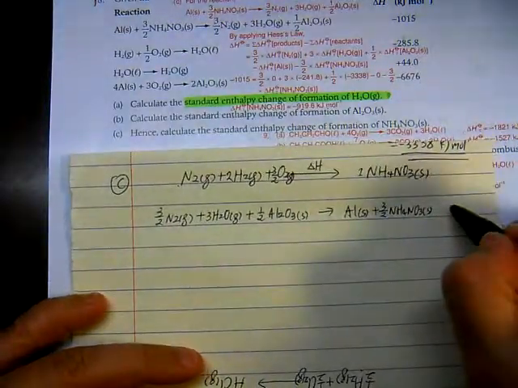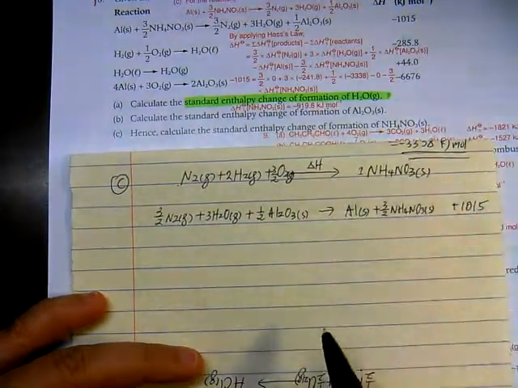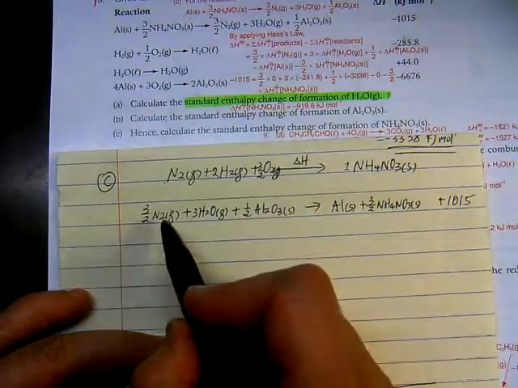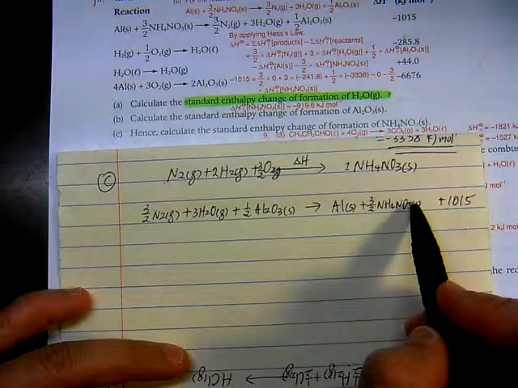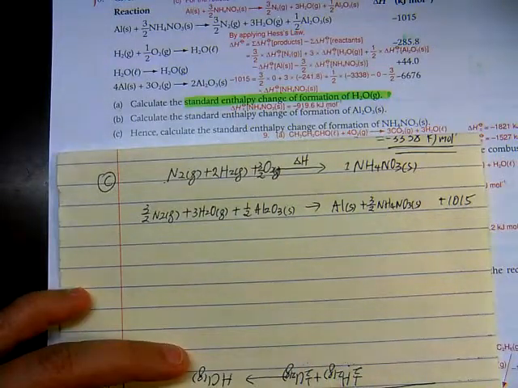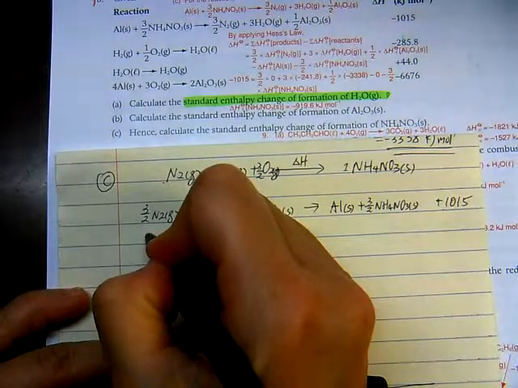In doing this, the delta H changed from negative to positive. Next, we need to multiply the equation by 2 and divide by 3. Multiply the equation by 2.